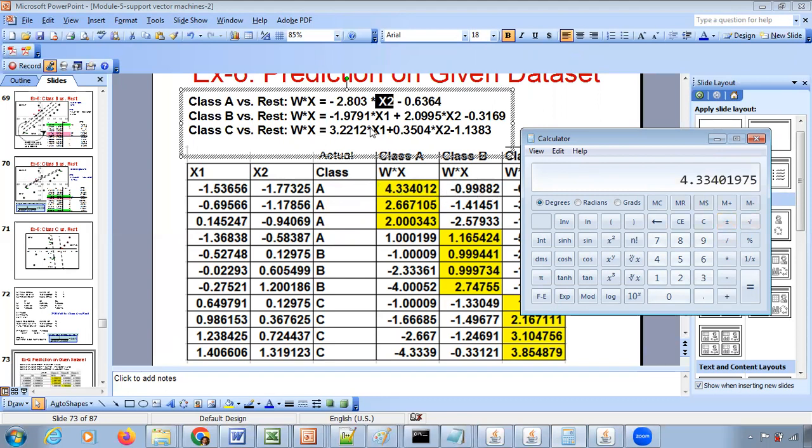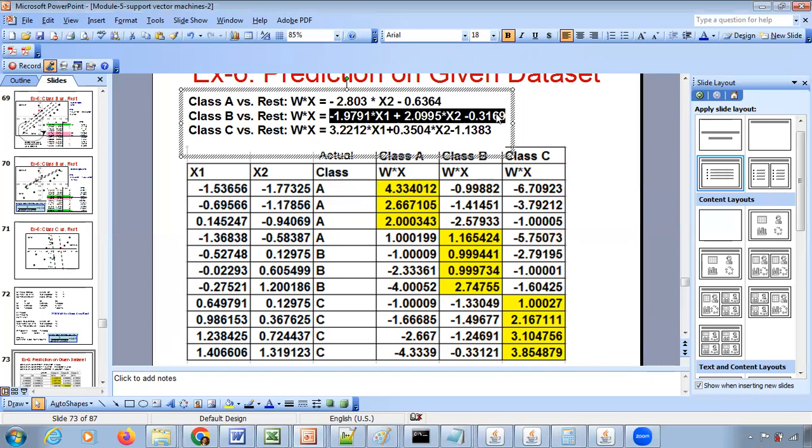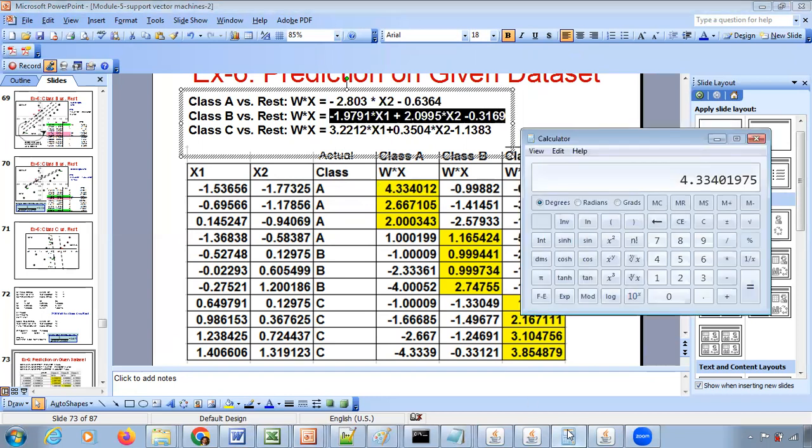And then this W times X is based on this equation for class B, which is rest. That is going to be negative 0.9791 times negative 1.53656, plus 2.0995 times x2, which is negative 1.77325, minus 0.3169.